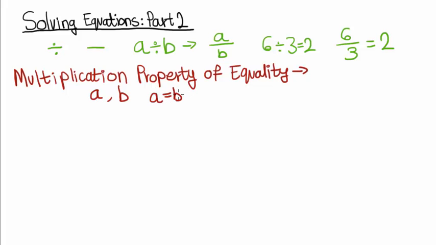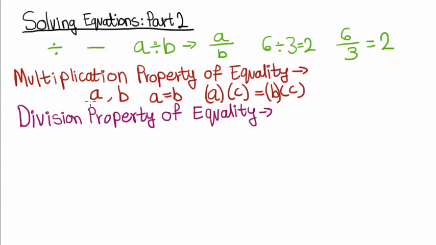Therefore, if I have some number c, and I multiply both sides of the equation a equals b by that number c, I can denote that as a times c equals b times c. And this right here, a times c equals b times c, is known as the multiplication property of equality.